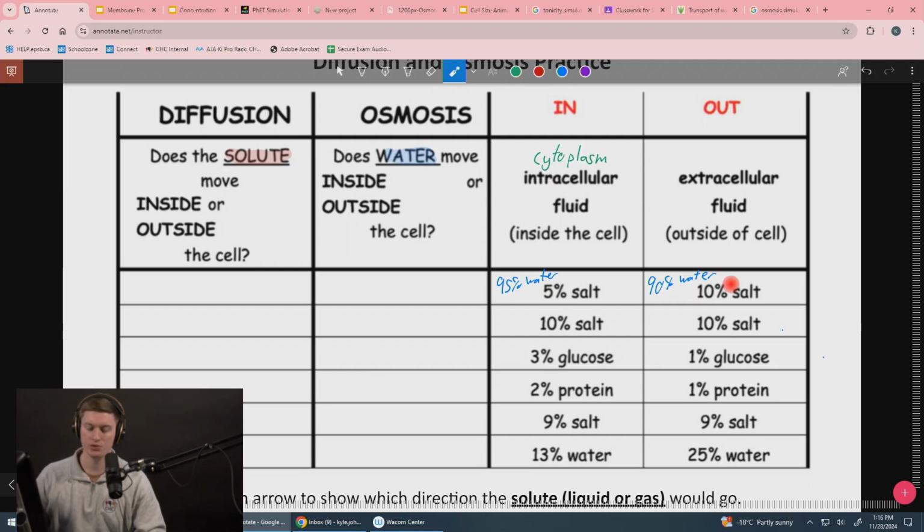The salt concentration is greater outside than inside. So the salt will go from out to in. The solute will move to the inside. Whereas the water, there's more water inside than there is outside the cell. So the water will flow outside.